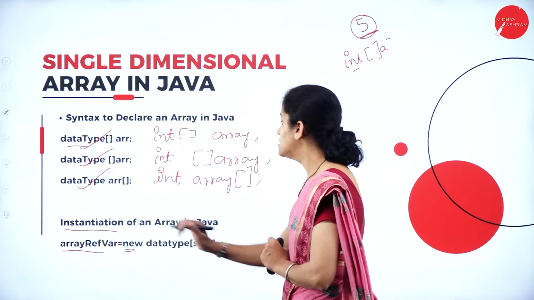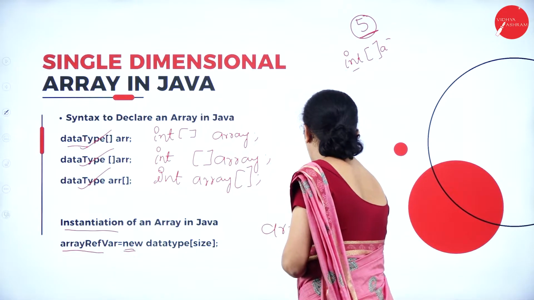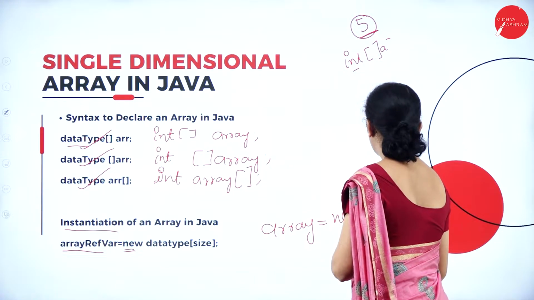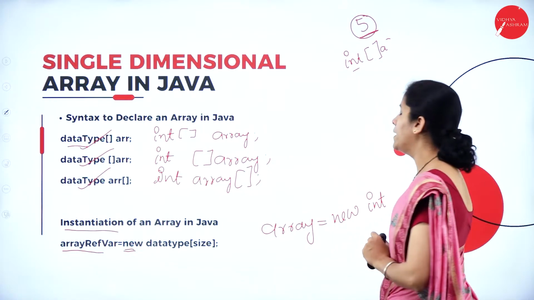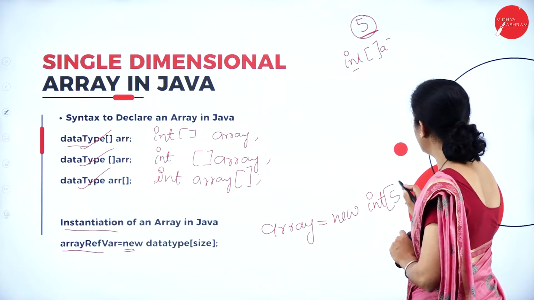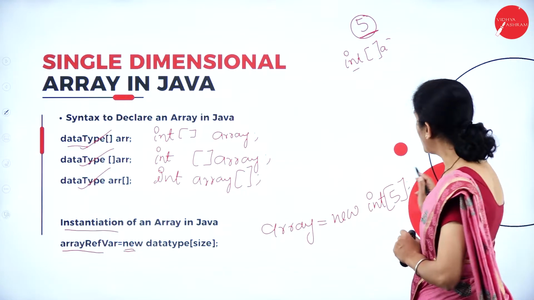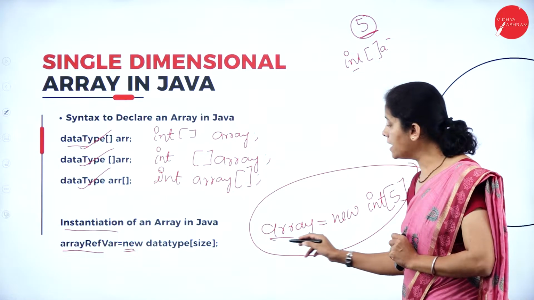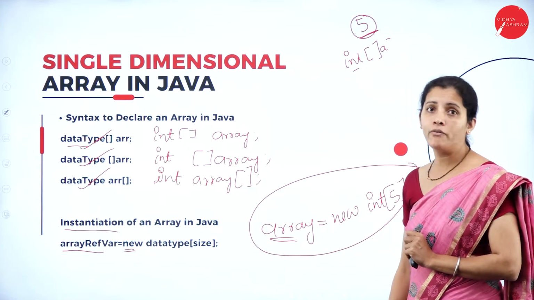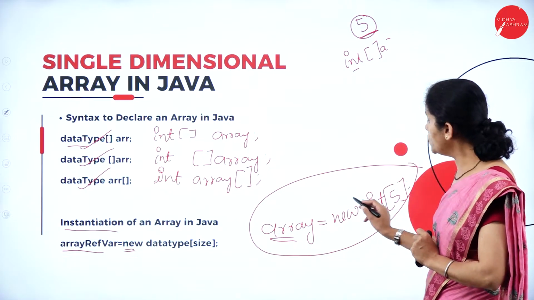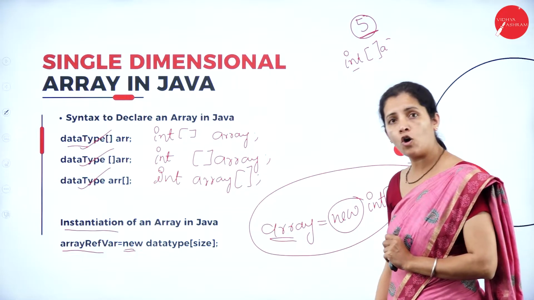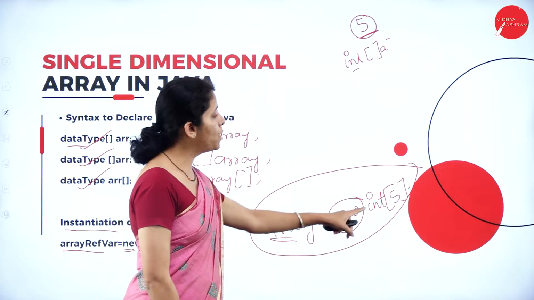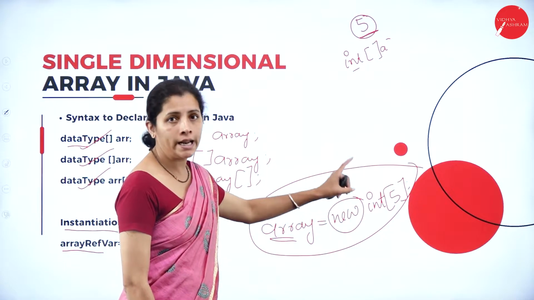For example, say the array name is array, and new, I want to write the data type int and I want to specify the size. Now, what is the meaning of this statement? Here array is nothing but the name of an array and new is the keyword or operator used to allocate the memory. And what about int? That's nothing but the data type.